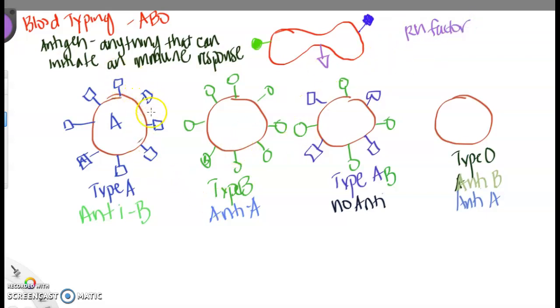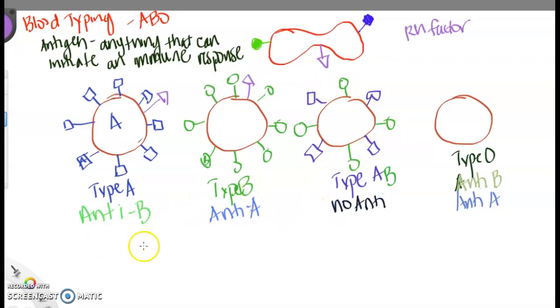All right, and you're either RH positive or you're RH negative. You either have it or you don't have it. So if you have it, you're positive, so this person would be A positive. If they don't have it, they're A negative. If this guy has it, they're B positive. If they don't have it, they're B negative, and so on down the line.